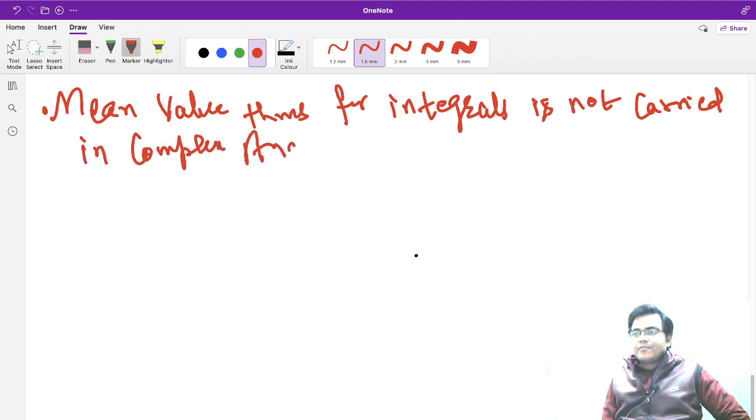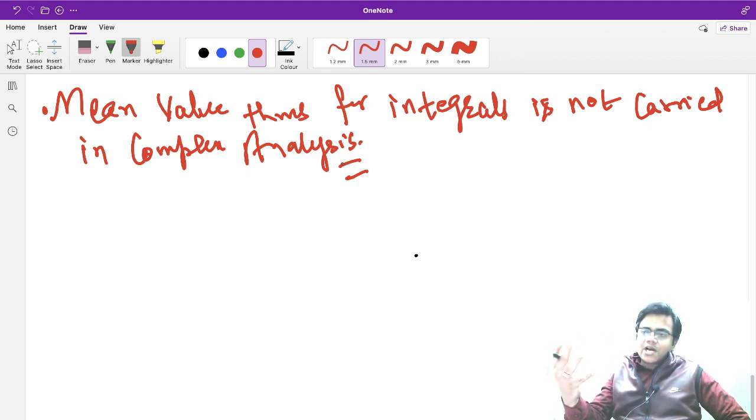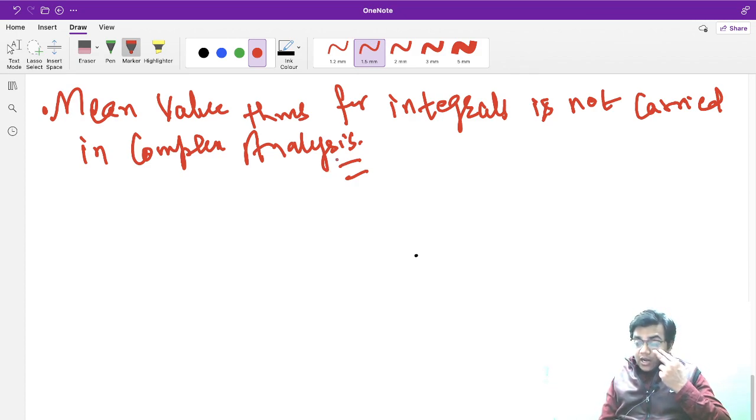Many properties, many rules, the properties of definite integration, all those are going to carry over, but the mean value theorem cannot. Why? What is the reason? So now let me show you with an example.